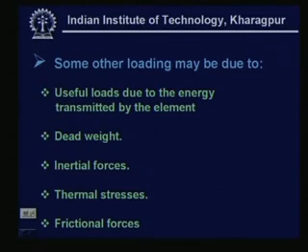Due to the thermal expansion and contraction of the machine member, the temperature causes a stress, and that thermal stress, by analogy with load, is also a type of loading. We also consider frictional forces as a sort of loading while designing a machine member.